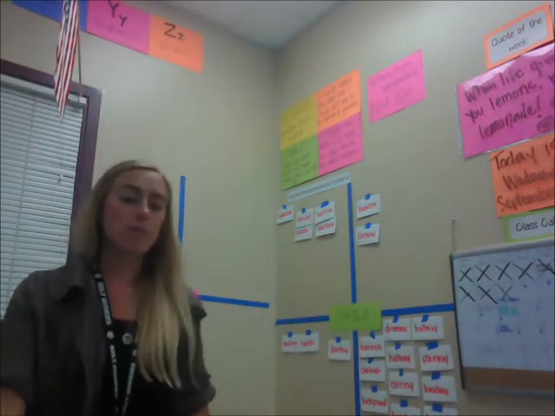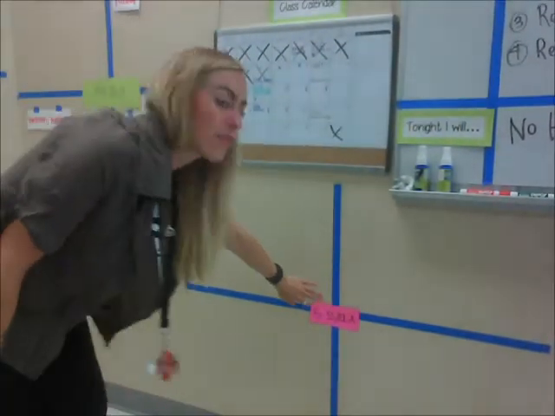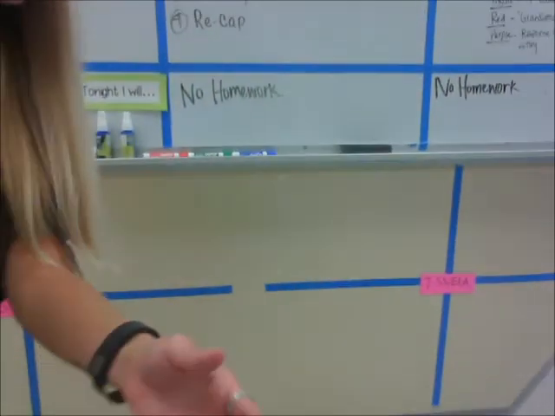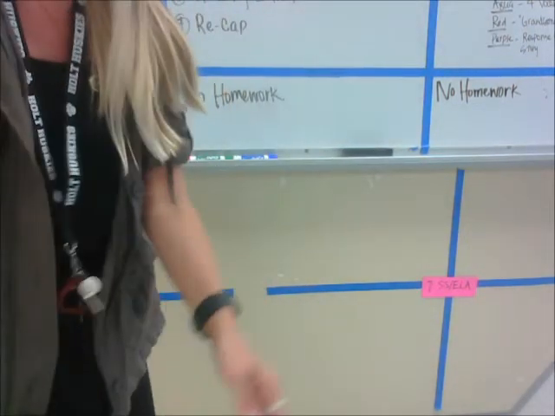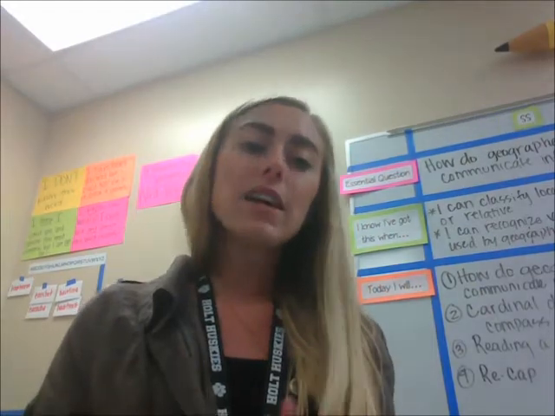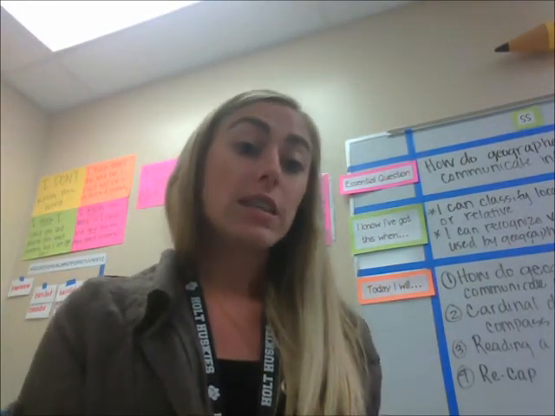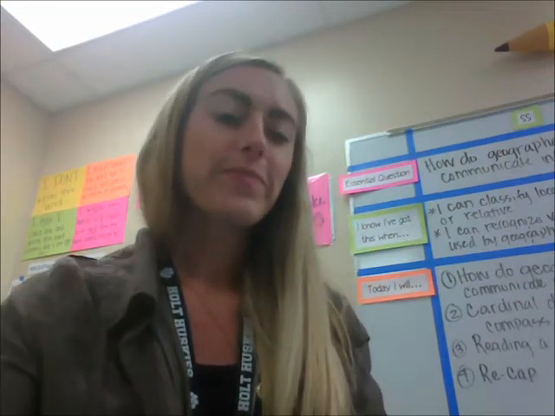If you are in my 5th period SSCLA, you are using the word waffle down here below my calendar. And if you are in my 7th period SSCLA, you are using the word waffle down below my objective board. Go ahead and take a moment, hit pause, and look at the word waffle. Really try to decide if that word needs to be moved back because we're not totally sure about it.